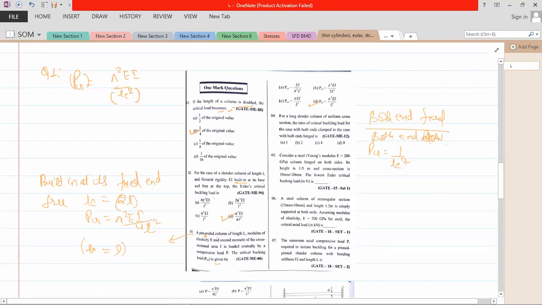For both ends fixed, LE is equal to L by 2, and for both ends hinged, LE is equal to L. So if you write P critical 1 by P critical 2, it is 4, I think. Yeah, it will be 4. So the answer is C. Just check it, whether it is coming 4 or 1 by 4. Please check it.